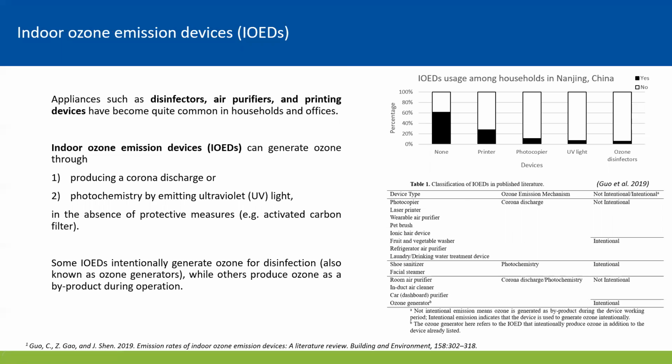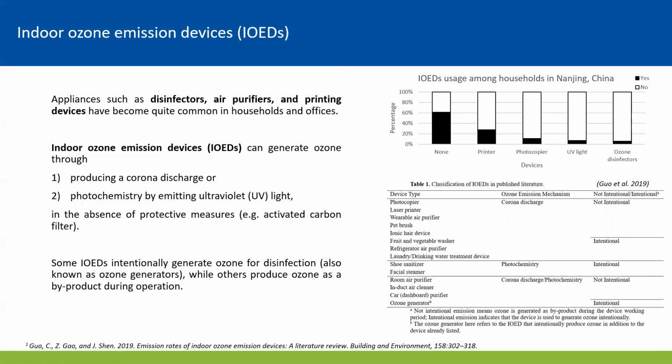And the table here shows some common indoor ozone emission devices used in indoor settings. These devices can generate ozone mainly through two different ways. One is through corona discharge, and another way is through photochemistry. In the absence of protective measures like activated carbon filters, some of these devices can generate ozone and then introduce ozone to the room air.